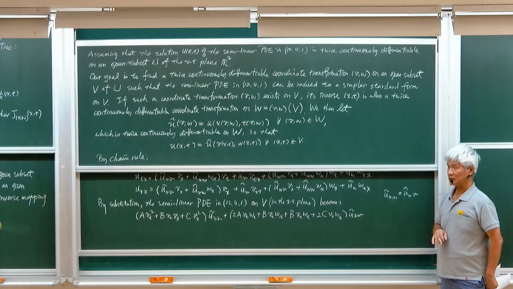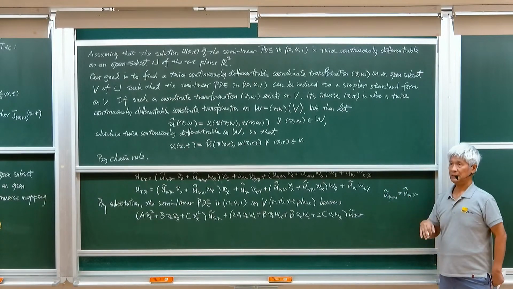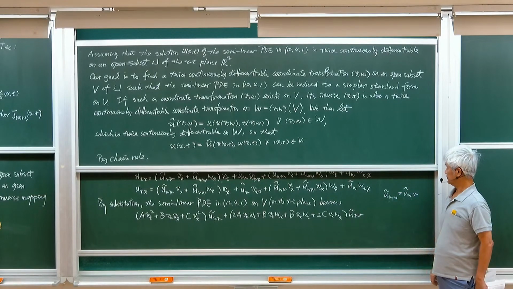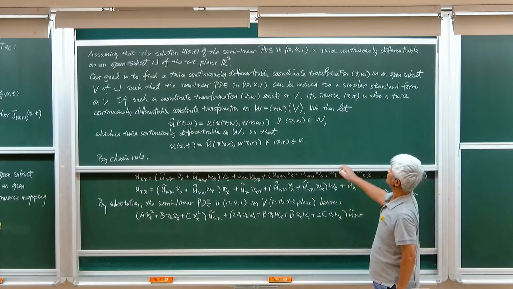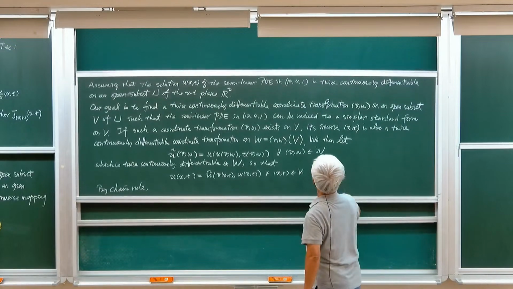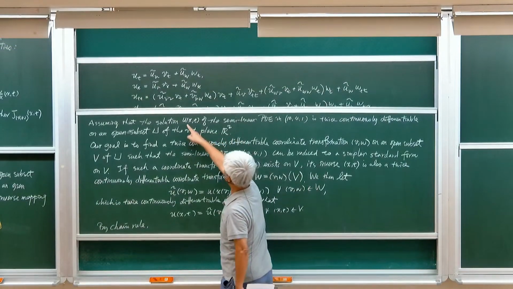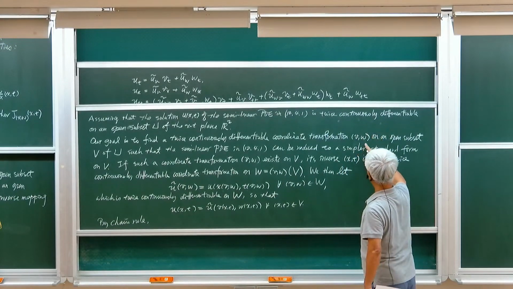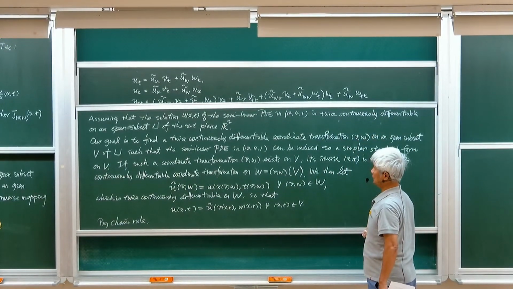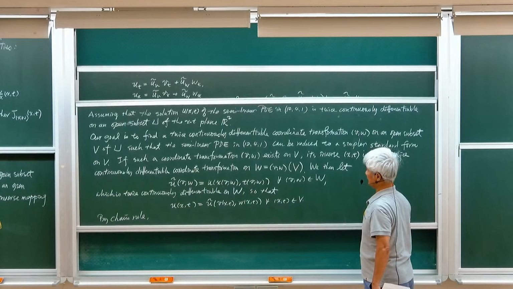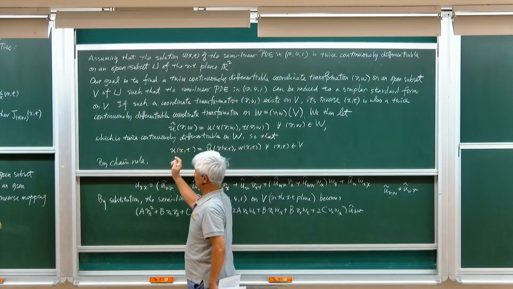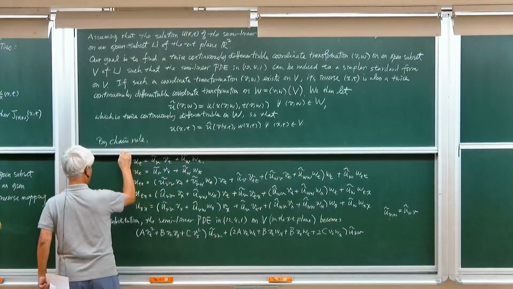Because we assume the solution U is twice continuously differentiable, and the coordinate transformations are also twice continuously differentiable. So U tilde is also twice continuously differentiable.